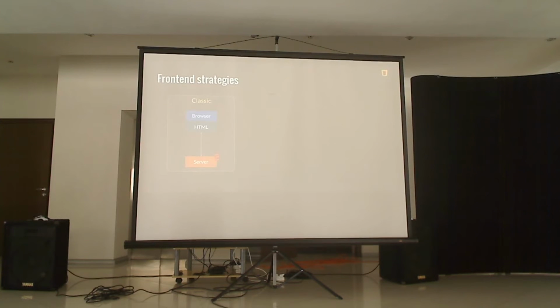So let's look at the strategies. This is the classic strategy of doing front end. You have the server side rendering HTML, and the browser is just displaying the HTML. This is how everything was done for a very long time. And then you get the front end being developed in JavaScript, using a REST API, but you still have the server side in Scala. I guess Wix is using this kind of strategy, and this is probably the most common one nowadays.